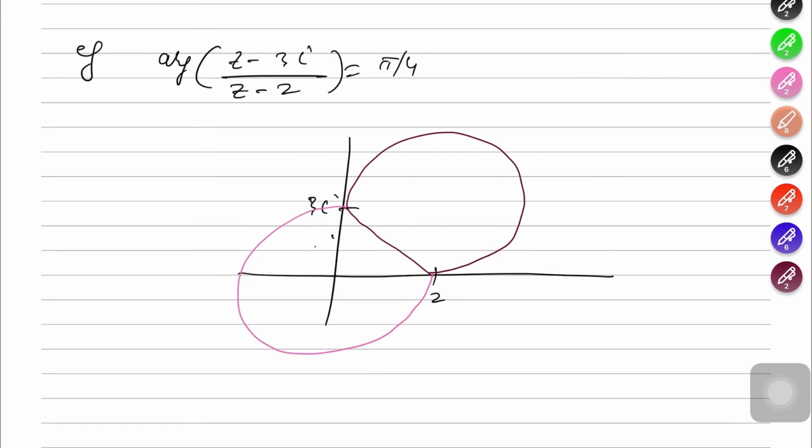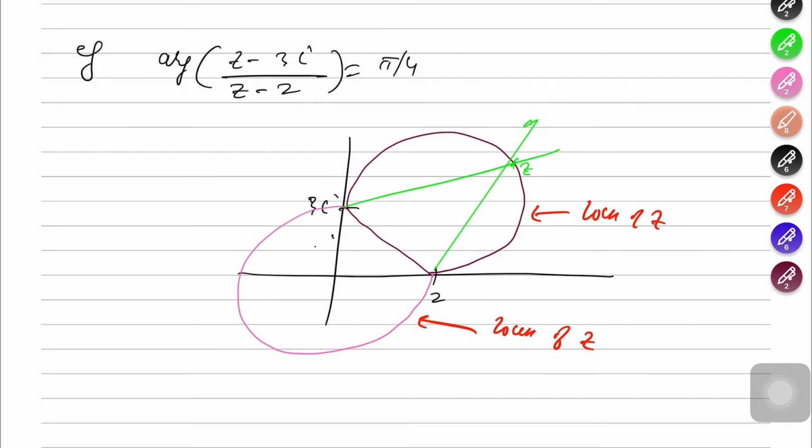Again, same logic as we did in the semicircle case. We draw a ray. So basically this is the locus of z and this is the locus of z, one of them the correct locus of z. So we make a ray.